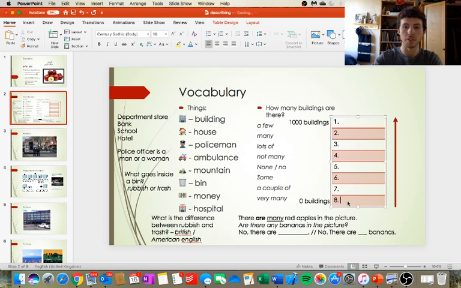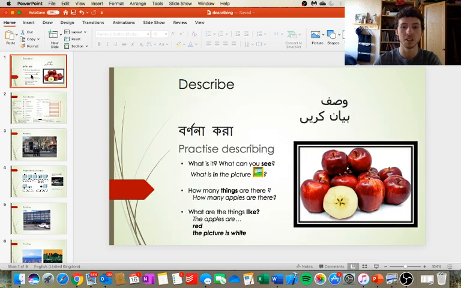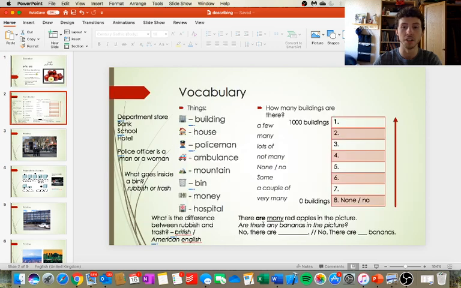So start it off, let's say none, or no. So how many buildings are there? There are none. There are no buildings. Are there any bananas in the picture? No, there are none.